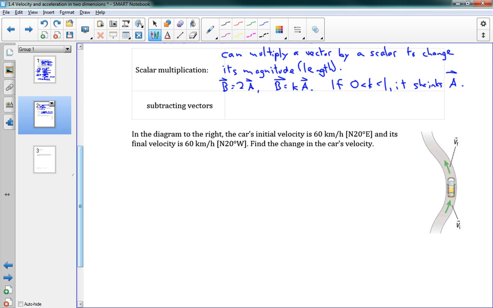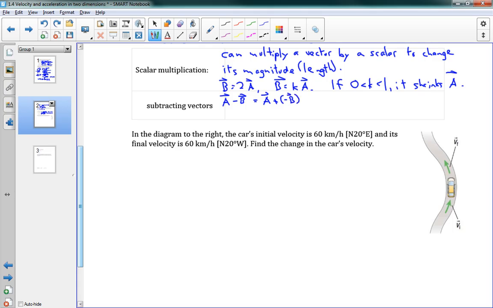Now, when we want to subtract vectors, which is going to be important in the next couple of problems that we do, what we actually do is we write it like this. We can say that a minus b, well, that's equal to a plus negative b.